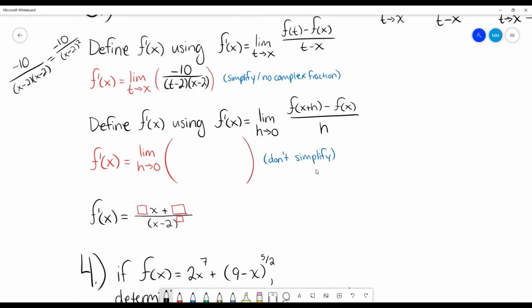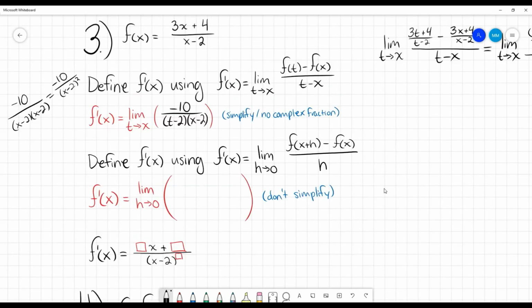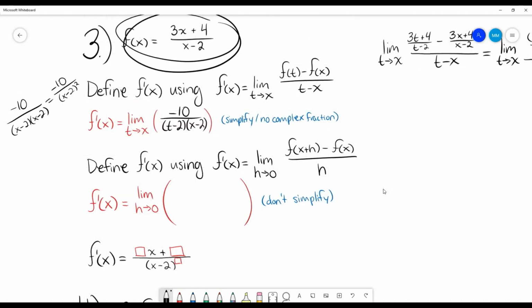Now, for this next part, we want to define the derivative using this definition. This time, they don't want us to simplify, so we are allowed to have complex fractions, remembering that our f of x is equal to this up here. So it's f of x plus h, so wherever there's an x, I plug in an x plus h.